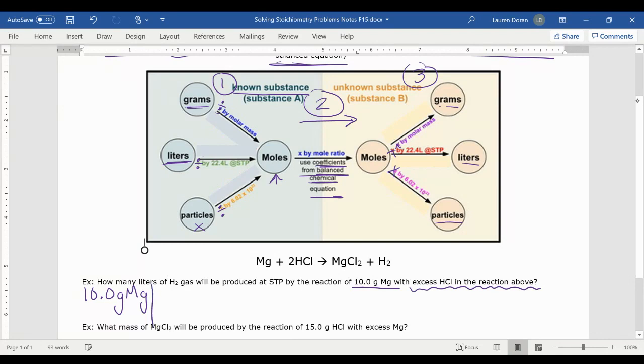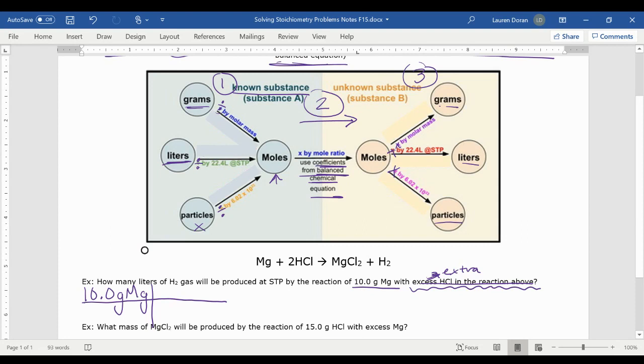So I'm going to put that on a dimensional analysis track and count that as my given. This extra part at the end, the excess HCl, all that means is that I have plenty of HCl. I'm not worried about how much HCl I have. Excess really means extra, right? So I'm just going to cross it out. That just means I have plenty of it and don't worry about it.